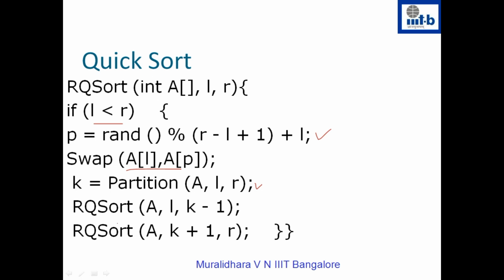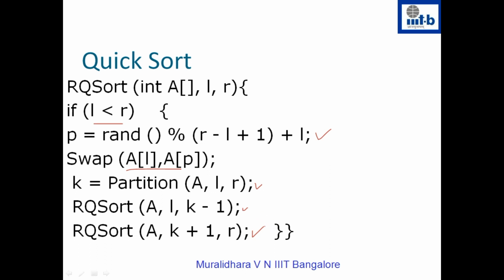After that I recursively solve the left hand side, because A of k I don't have to worry. Everything on the left hand side, that is L to k minus 1, will be smaller than what is at A of k. So I recursively call this randomized quicksort to sort the numbers on the left hand side, and similarly I recursively sort the right hand side part.